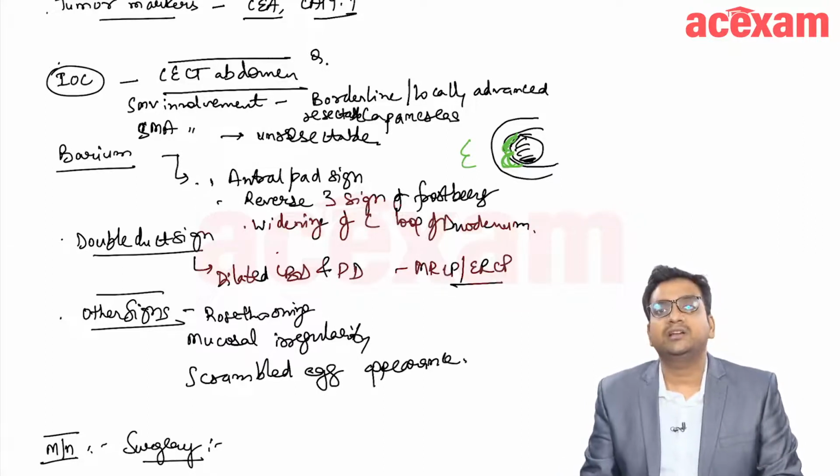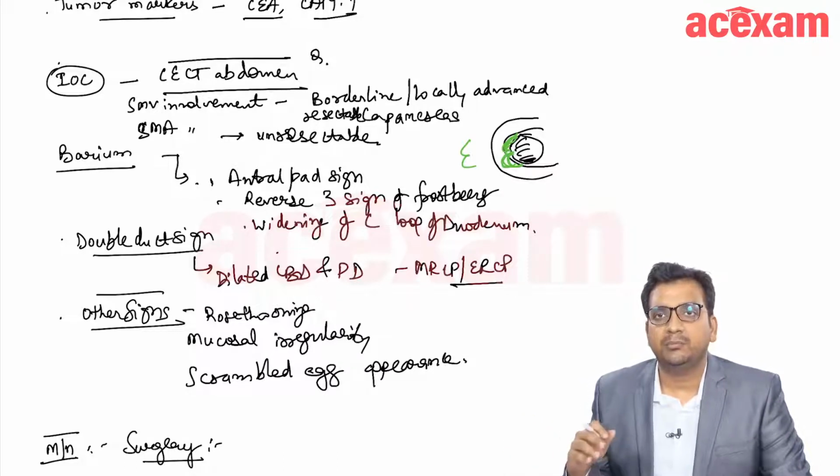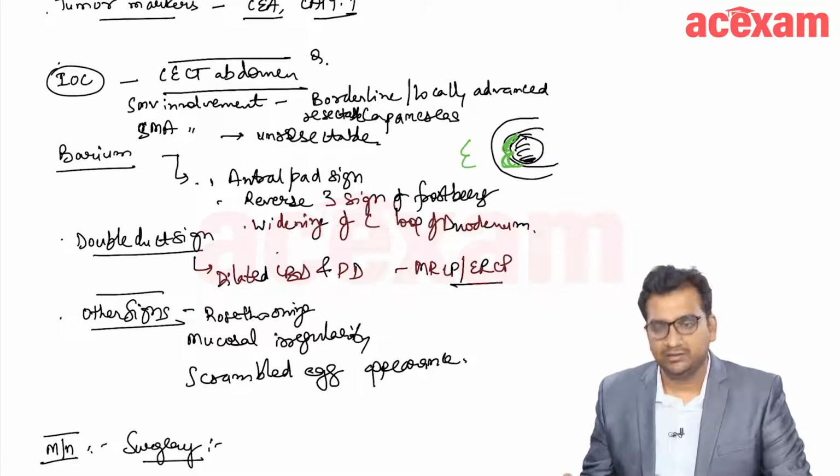Now we have diagnosed that the patient is having CA pancreas. If we have diagnosed, then we'll have to plan the patient. The treatment of choice is surgery. Okay.